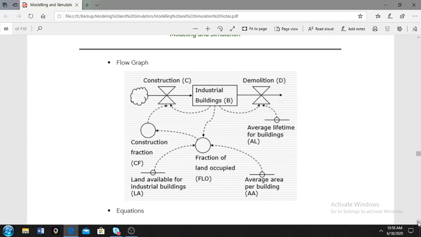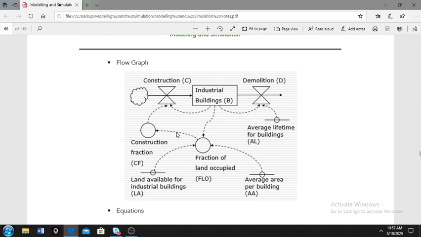So here we have only one stock. We have industrial building accumulating, but they accumulate because of construction, and they are also affected by demolition. If they demolish, they are going to get reduced.